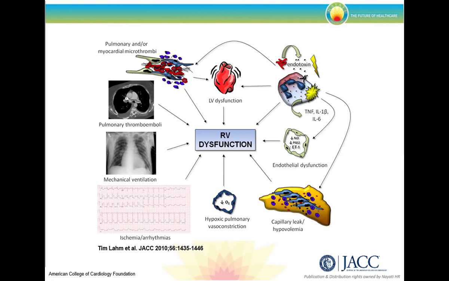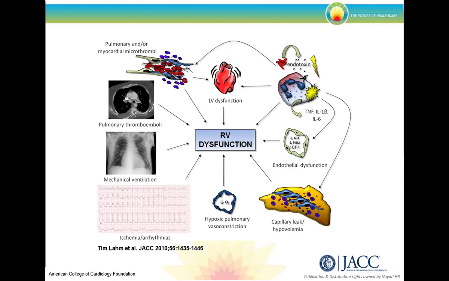So what are the mechanisms by which an RV dysfunction can happen? Pro-inflammatory mediators, which have a cardiodepressant effect, can lead to LV dysfunction, which can subsequently lead to RV dysfunction. Thromboemboli, as I discussed earlier, and mechanical ventilation itself can also do it. In patients who are on mechanical ventilation, because of the increased intrathoracic pressure and the compression of the vessels, it puts additional load on the right ventricle.